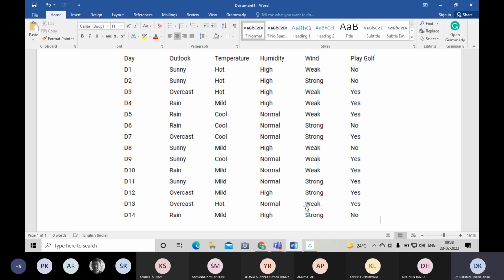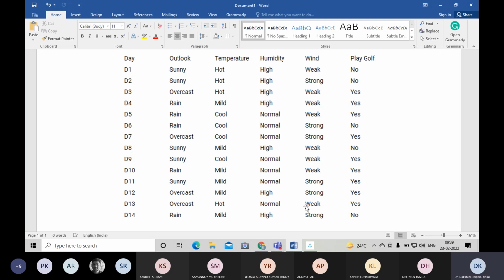Now here we need to also consider the total number of positive and negative decisions that are coming out for the wind found weak and wind found strong. So in that case we need to calculate the probability of weak and the probability of strong.